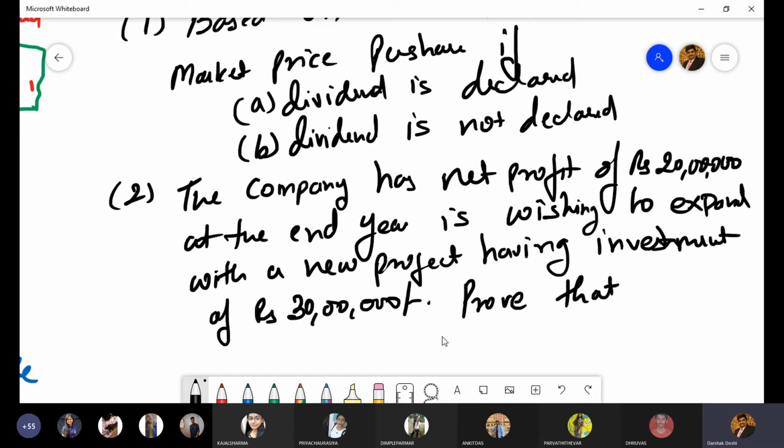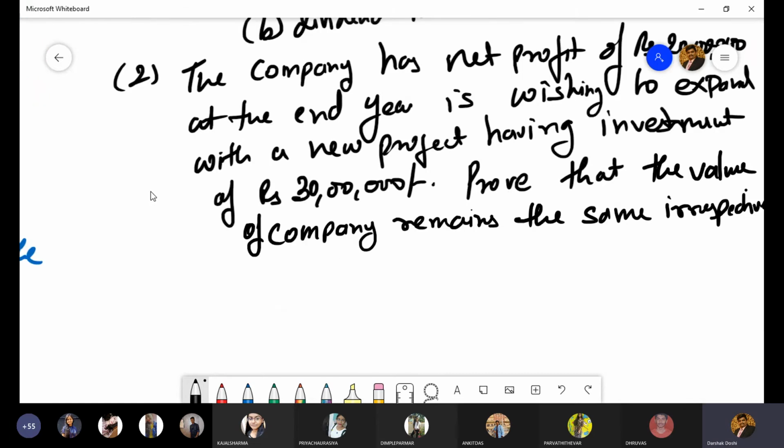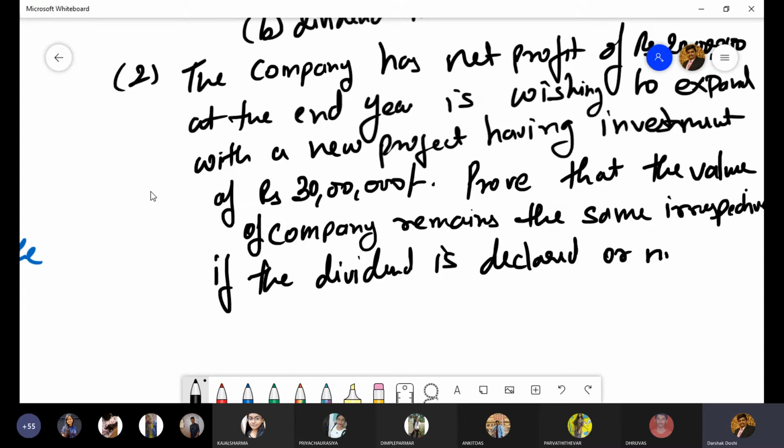Prove that the value of company remains the same irrespective of whether the dividend is declared or not.